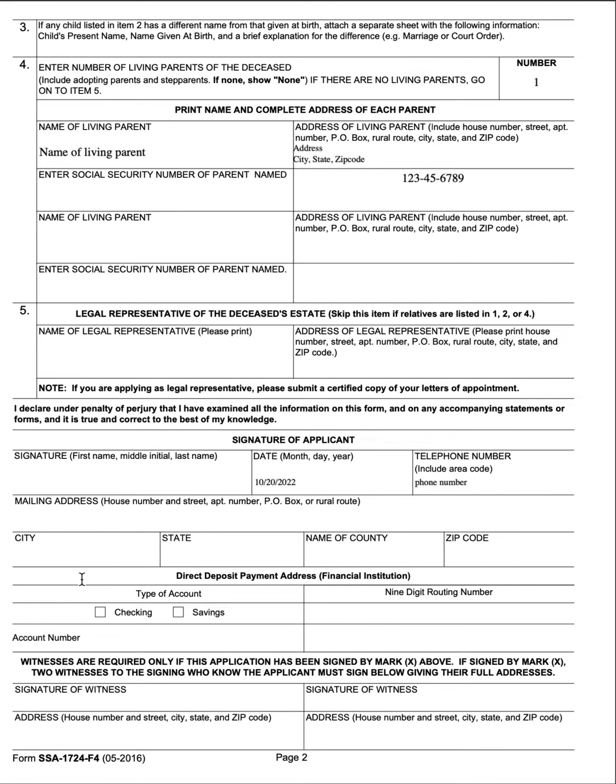Phone number goes here. Mailing address. City, state, county, zip code, and then direct deposit payment information.